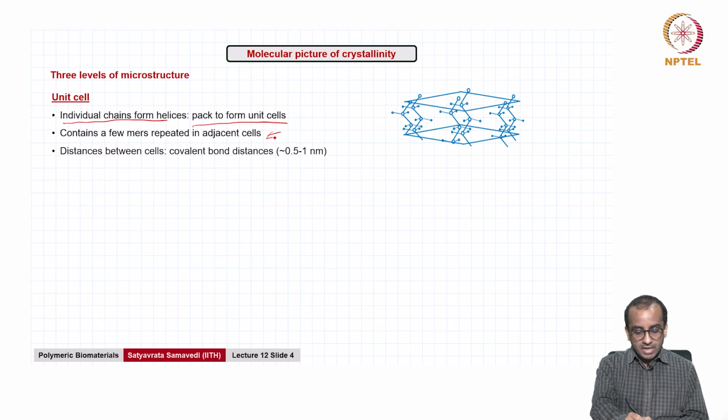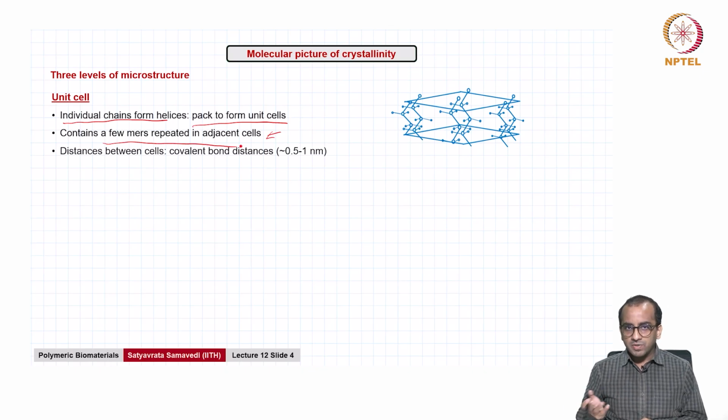And again, based on the work of Mark and others, it has been shown that these typically contain a few mers that are repeated in adjacent cells, maybe 2 to 3 mers depending on the polymer. And the distance between the cells or within the cell as a result is of the order of magnitude length scale of the bond length or the covalent bond distance itself.